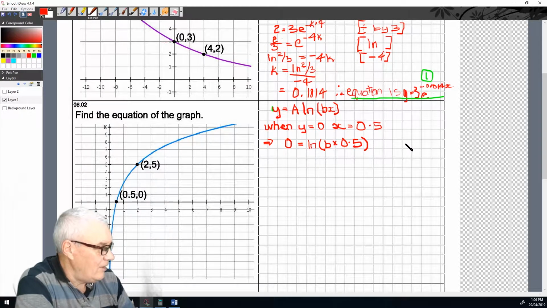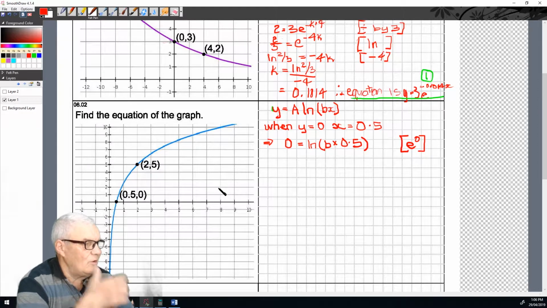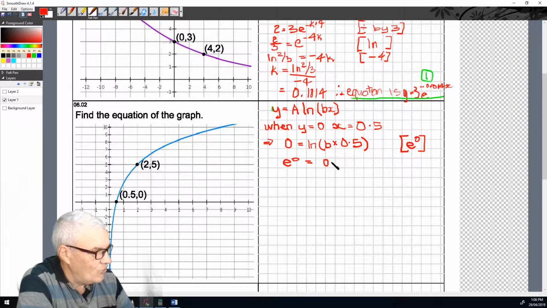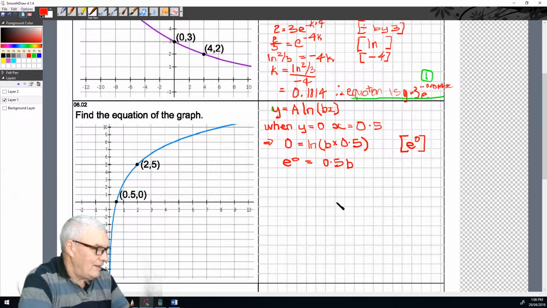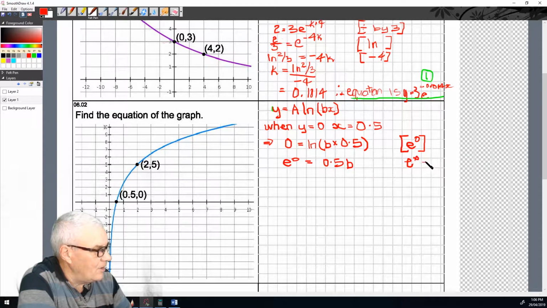Okay, so now if we take the exponential of each side, remember, because the exponential undoes the log and the log undoes the exponential, so then we can say, right, e to the power of 0 equals 0.5b. And e to the power of 0 is 1.